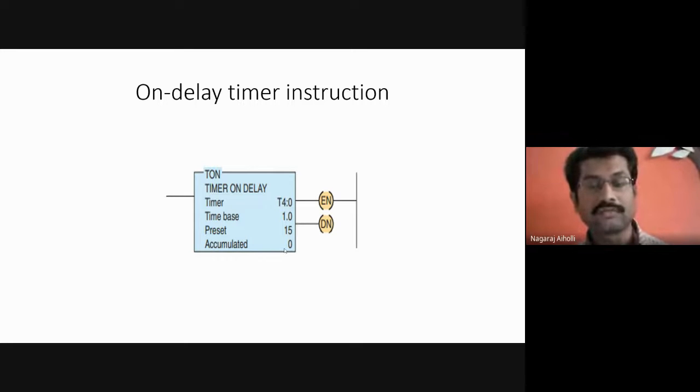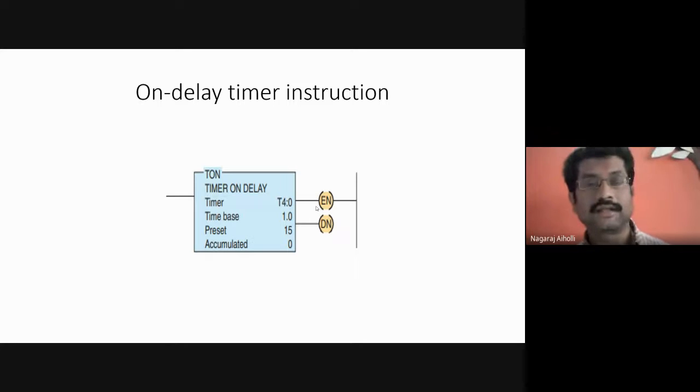Accumulated value is 0. Why should the accumulated value be 0? What is the reason why they have shown the accumulated value as 0 here? Any idea? Because it is at the beginning, it has not yet started to time. Hence, the accumulated value is shown as 0.